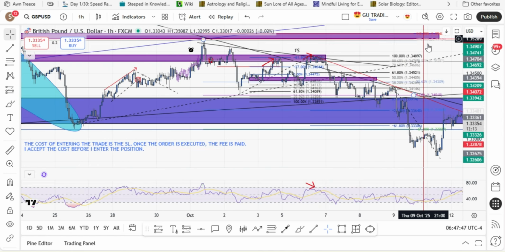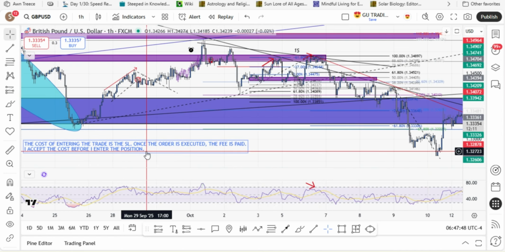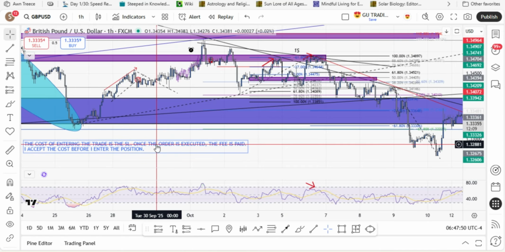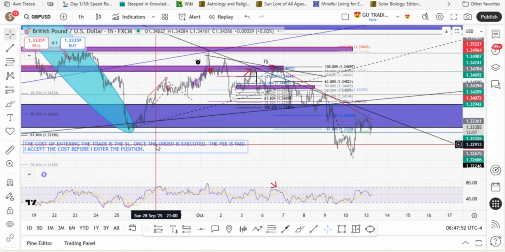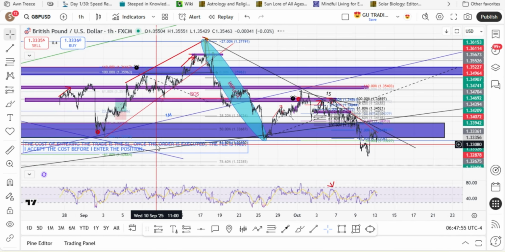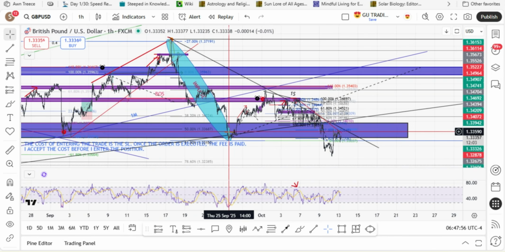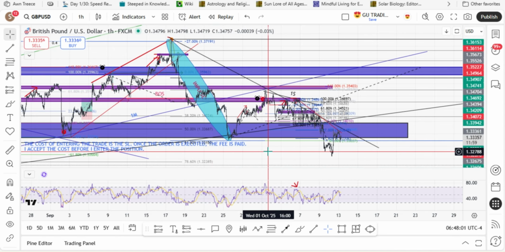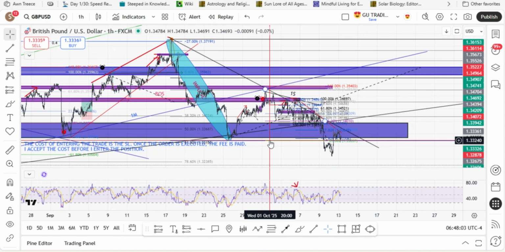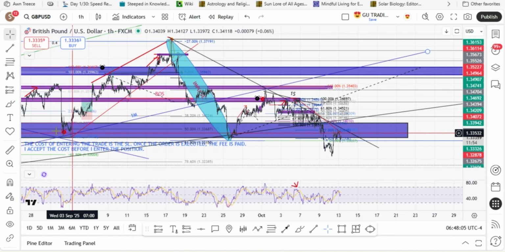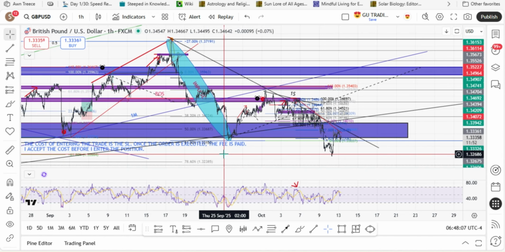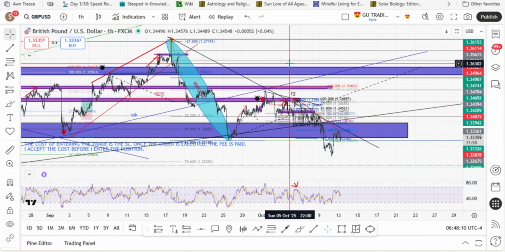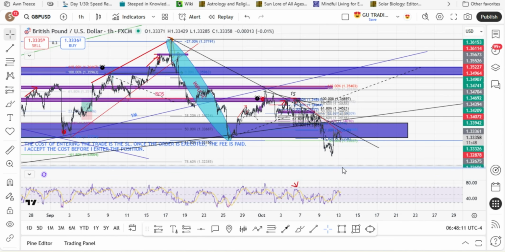All right, so for the 1 hour, there's the impulse, which I mean it was barely, but it still broke the structure right here. Correction, continuation.